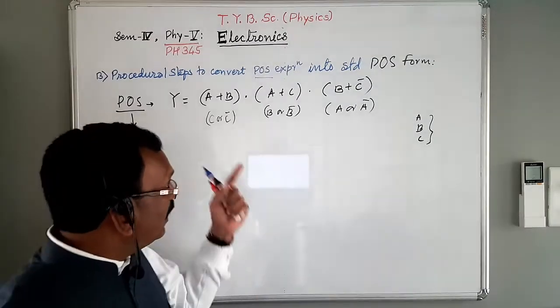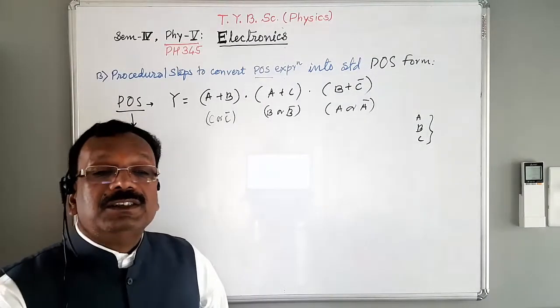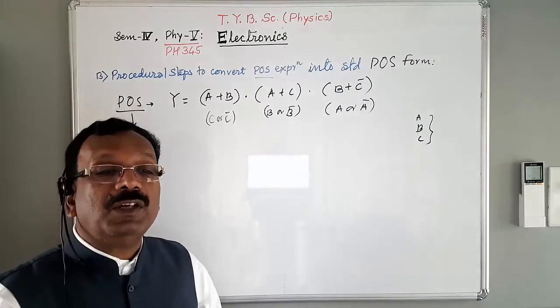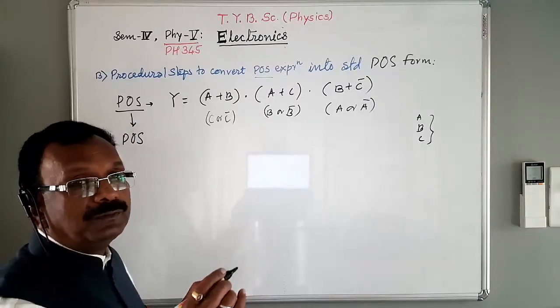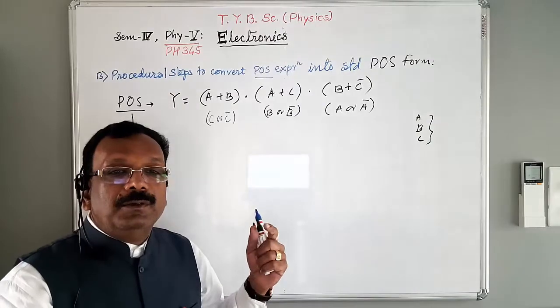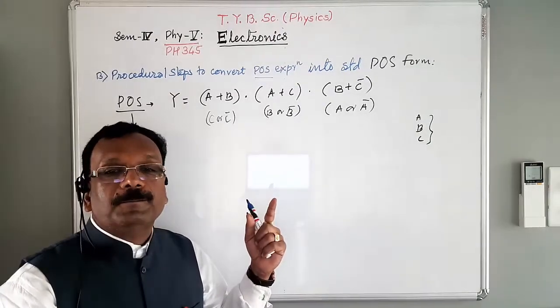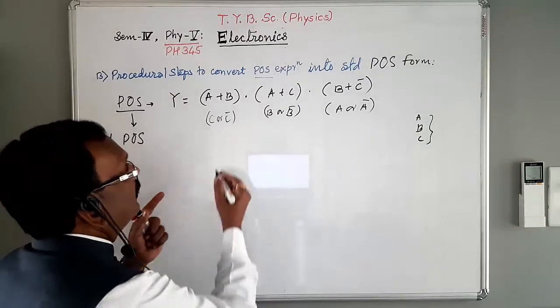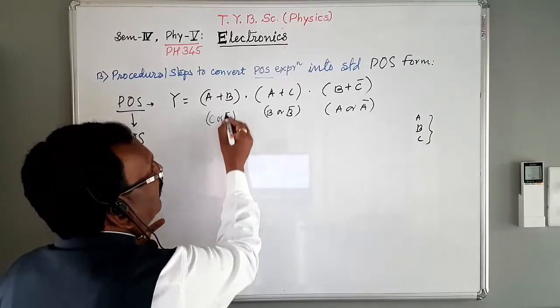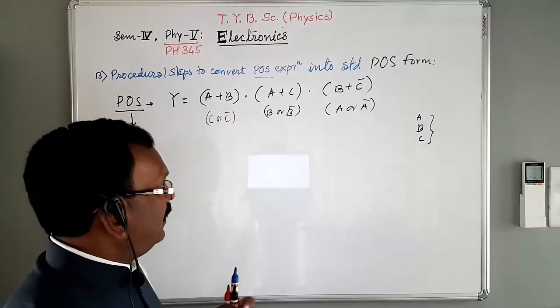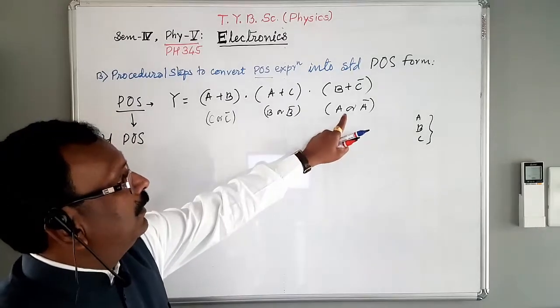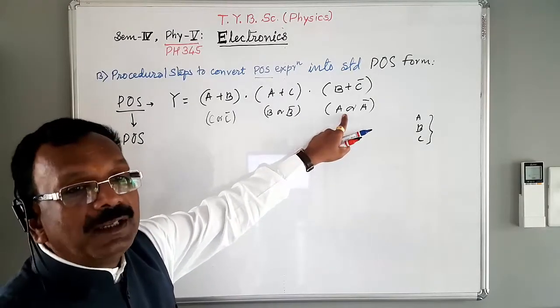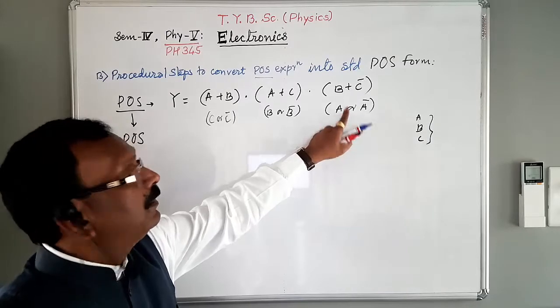When we want to convert this simple POS into standard POS, we have to add C into C bar in the first term, B into B bar in the second term, and A into A bar in the third term.